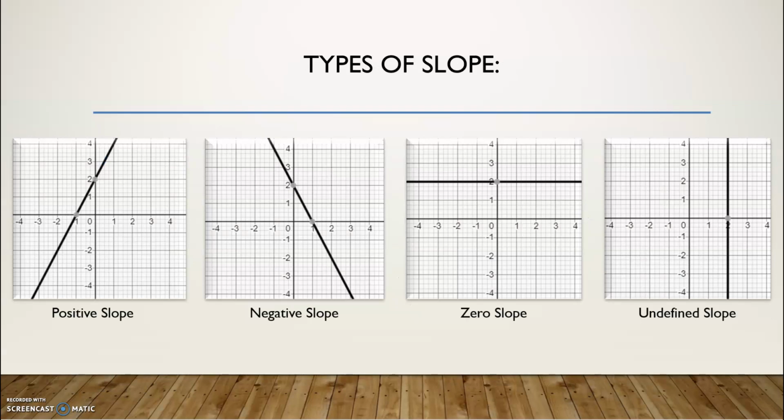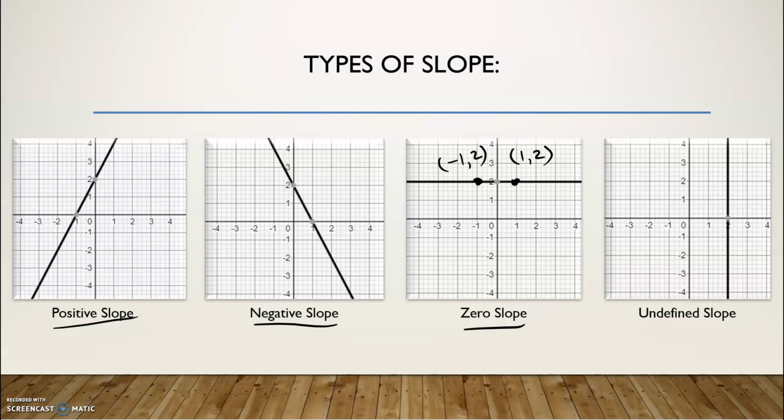Now these are the types of slope. Notice this one right here. This will give you a positive slope. It's rising up. Over here you've got a negative slope. It's going down. Now here you have a zero slope. The reason is, if we look at this point and this point, so that is 1, 2. This one is negative 1, 2.